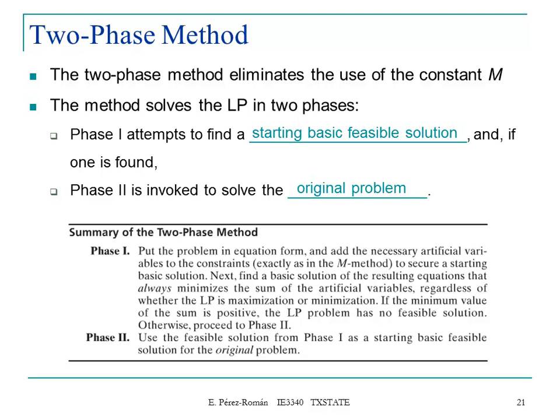If you remember, the main difference between this method and the M method was that instead of solving an objective function in which you were using these M constants, now you're going to be minimizing in your objective function the summation of the values of the artificial variables.